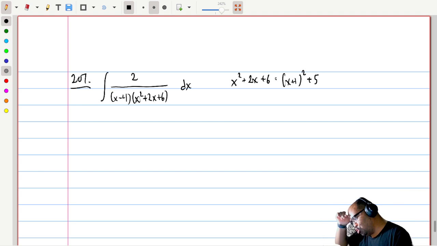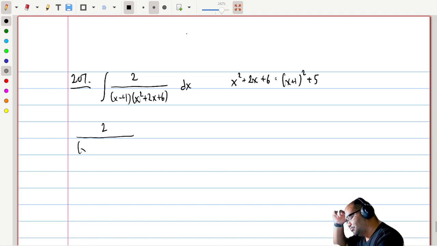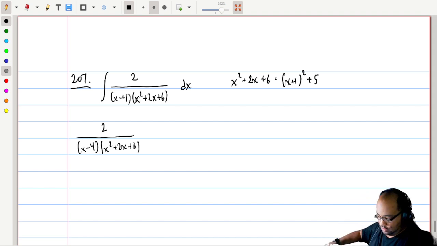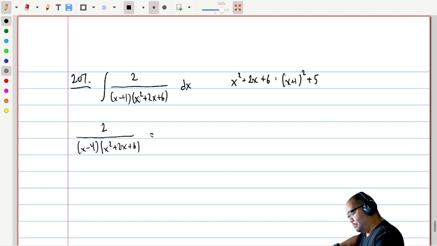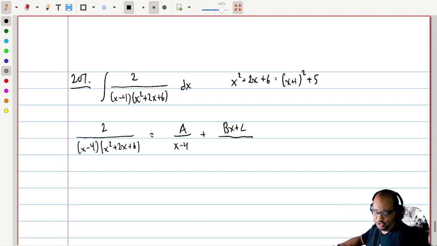Okay, so the way this works now, I need to break this up. X squared plus 2x plus 6. A number over x minus 4 plus Bx plus C. So when you have an irreducible quadratic, at worst, the numerator is linear.